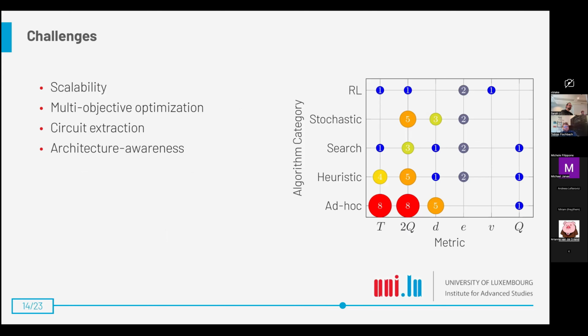Overall, there are, I think, four major challenges involved with ZX-based quantum circuit optimization. The first one is scalability. Scalability is still a major issue.